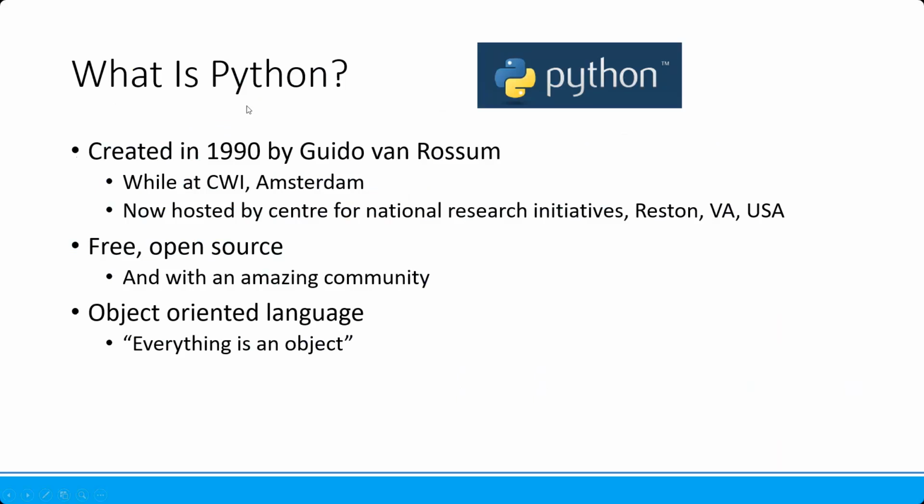Python was created by Guido van Rossum in the Netherlands, and it is now hosted by the Corporation for National Research Initiatives in the US. As you may know, Python is free and open source, and there is a large community supporting it. It is an object-oriented language, and everything is an object.